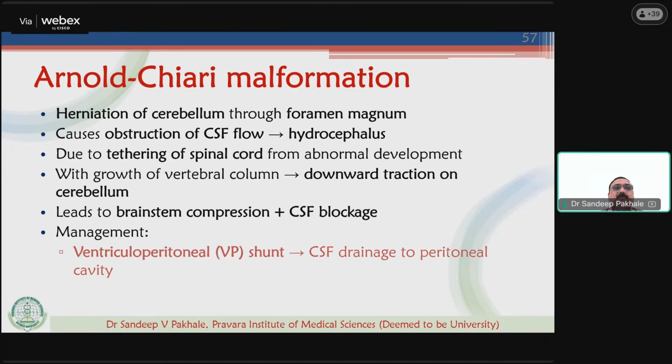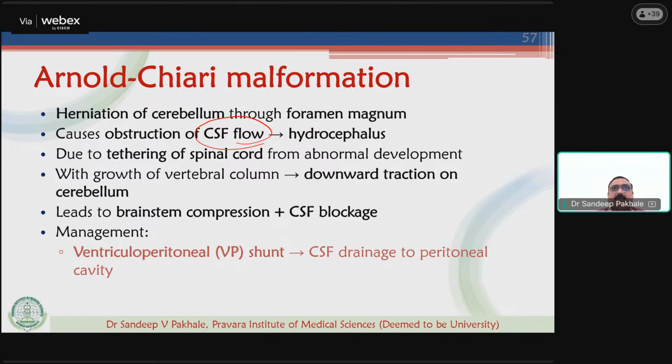Another important malformation is the Arnold-Chiari malformation. It is characterized by herniation of the cerebellum through the foramen magnum. This leads to obstruction of CSF flow, again leading to hydrocephalus. The underlying mechanism is tethering of the spinal cord due to abnormal development.